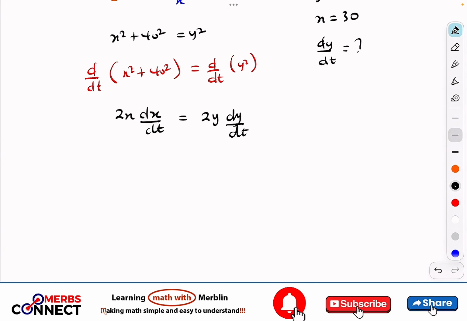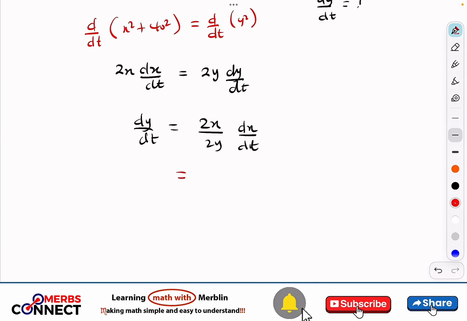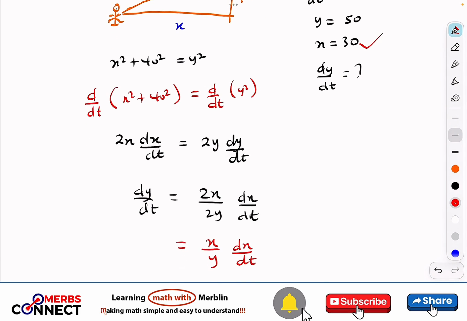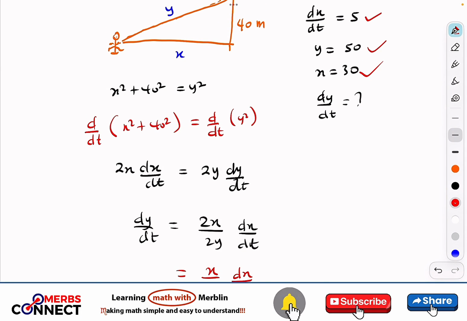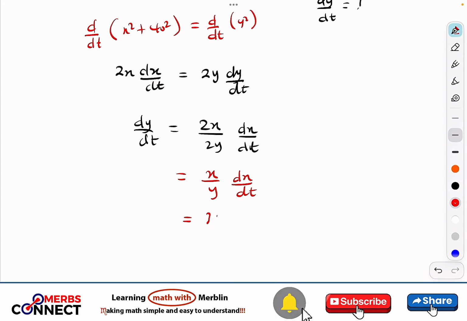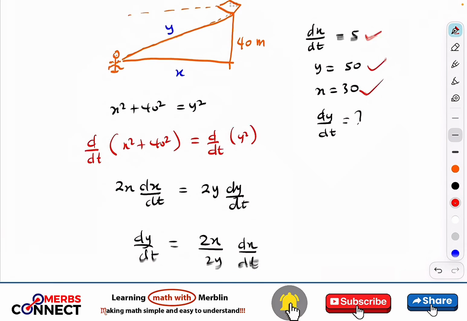I'm looking for dy over dt, so I divide through by 2y and have x over y times dx over dt. So x is 30, y is 50, and dx over dt is 5.